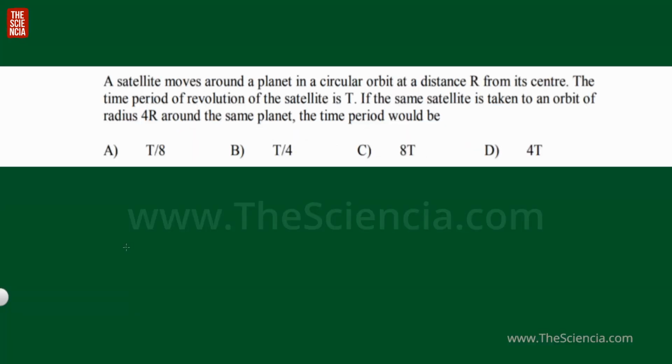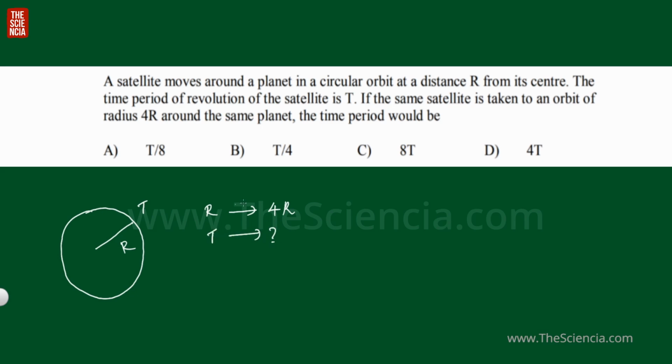In this question, a satellite is moving around a planet in a circular orbit and its radius is given, that is r, and the time period is T. Now the r is increased to 4r. Then what will be the time period?